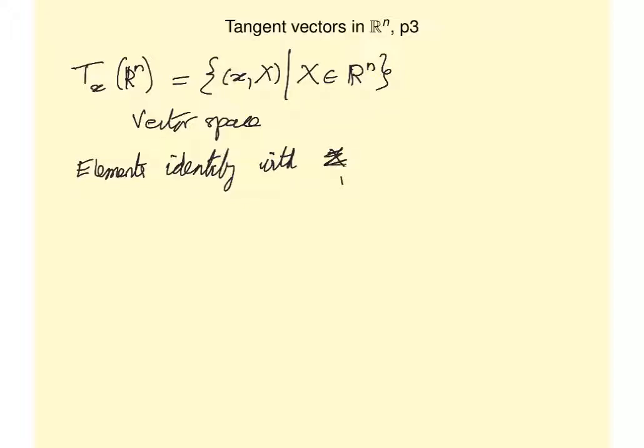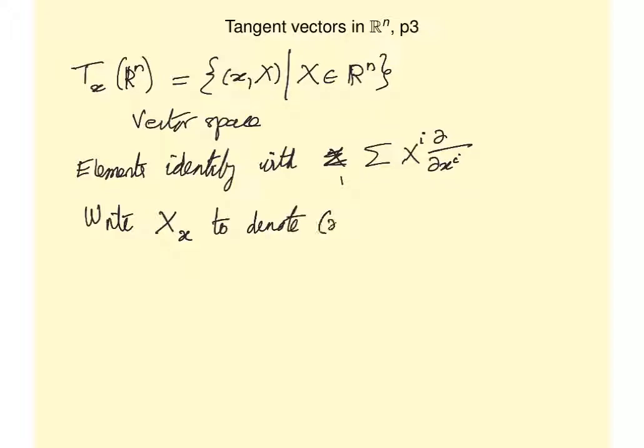Since we're doing Rn, let's write sigma capital Xi partial Xi. Okay. And as time goes on, I'll often write capital X with the little x as a subscript. That's the more general notation.